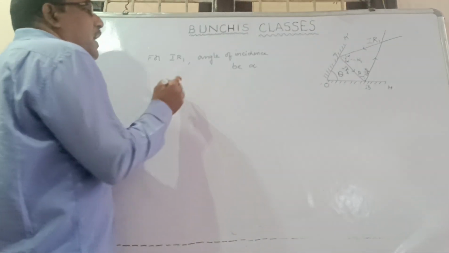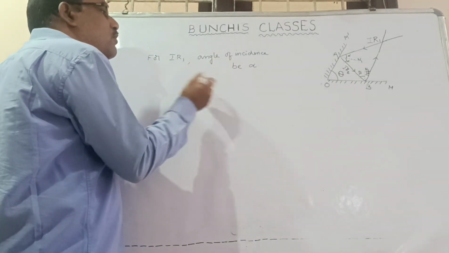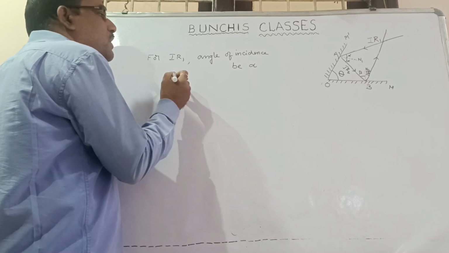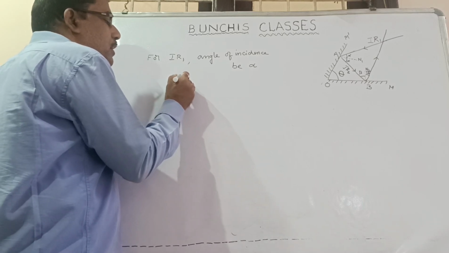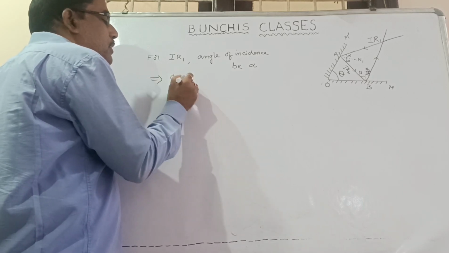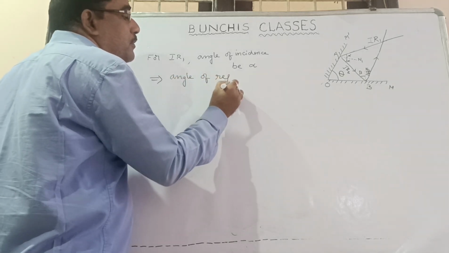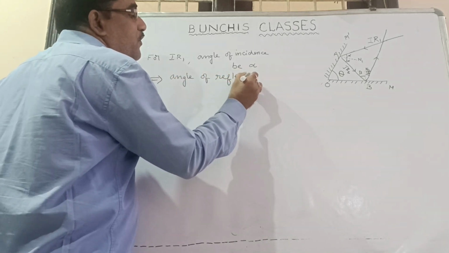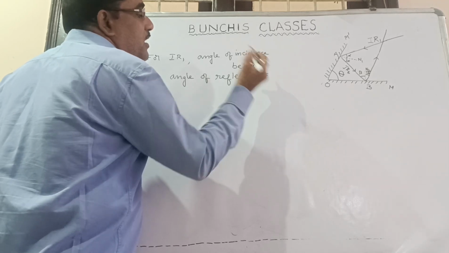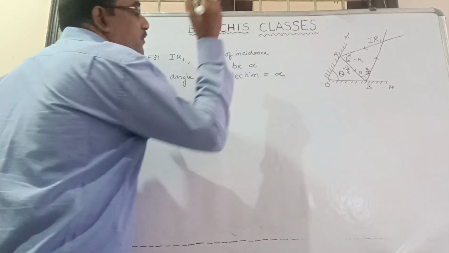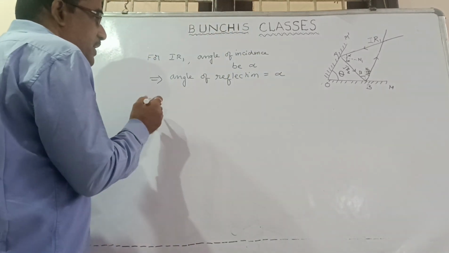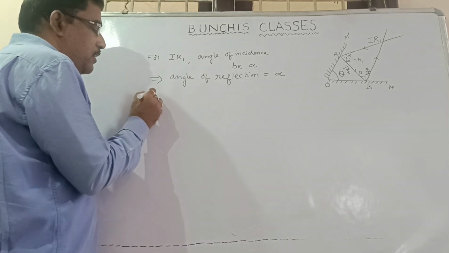Then the angle of reflection will also be alpha, because angle i is equal to angle r, which implies the angle of reflection is also alpha.